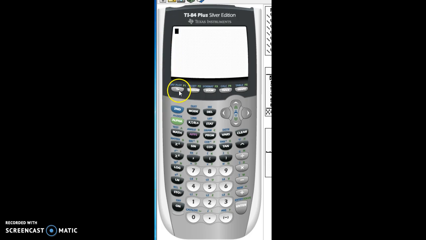So I'm going to go into the y equals. Remember, you have to solve for y before you can use this calculator in this way. And I'm just going to put in the three inequalities from the example.